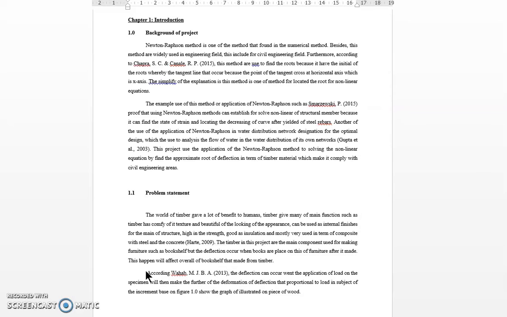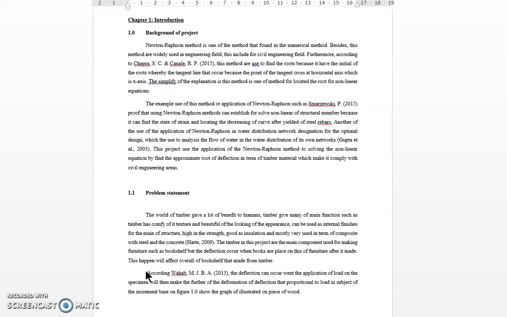Another application is water distribution network design and optimal design. It is also used for solving nonlinear equations by finding the approximate root of deflection in terms of thermal material, which makes it comply with civil engineering errors, for this background of the project.